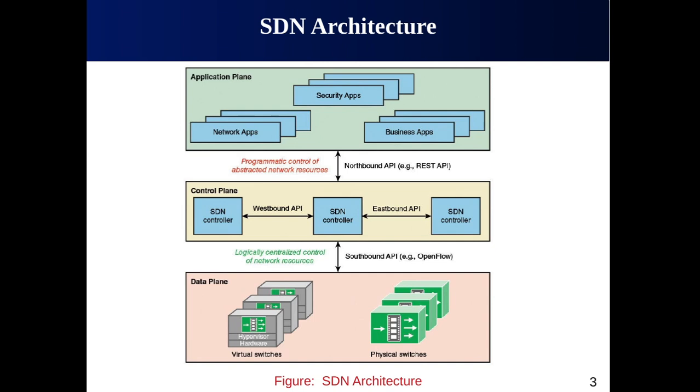So this is the data plane where we have the actual physical or even virtual devices, and it is connected with the second layer at the top, which is known as the control plane. The main component of control plane is the SDN controller, and all the functionalities are defined here.